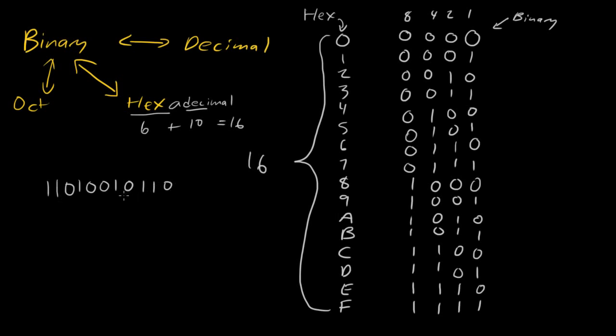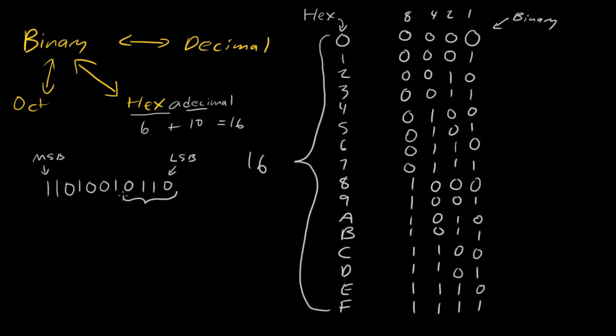I'm going to look at this in chunks of 4. I'll work my way from the least significant bit, which is this guy over there, all the way up to my most significant bit, which is this guy over here. This is the least significant because it contributes the least to the number, whereas this contributes the most to that number.